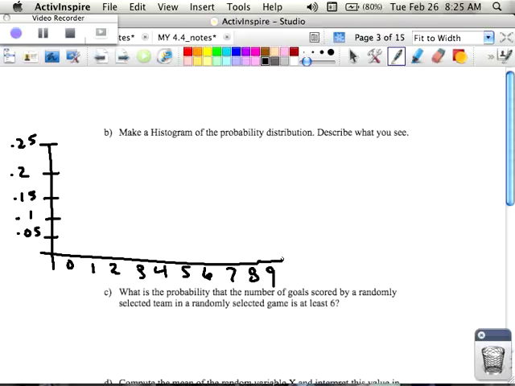Looking back on my sheet here, for my first one, 0.061, looks like I'm somewhere right about here. And then for one goal, I'm at 0.154. For two goals, 0.228. Three goals, 0.229.